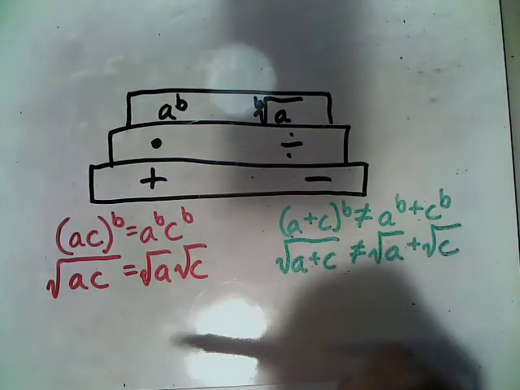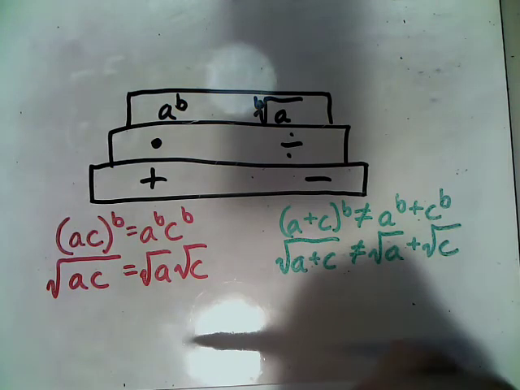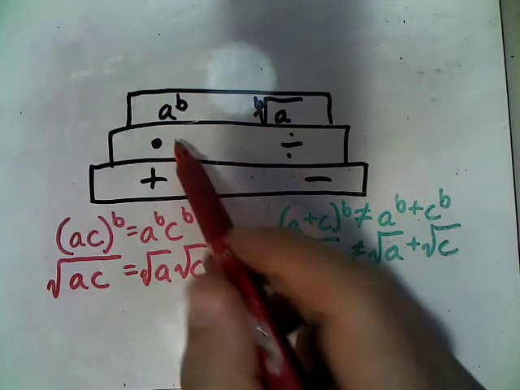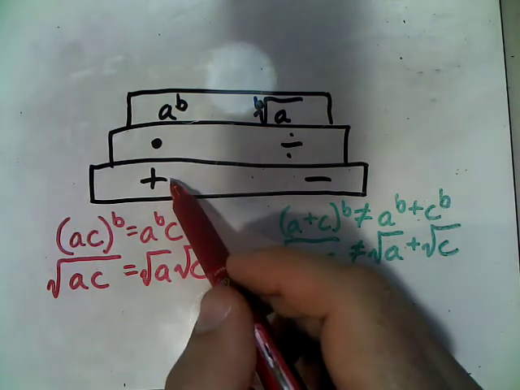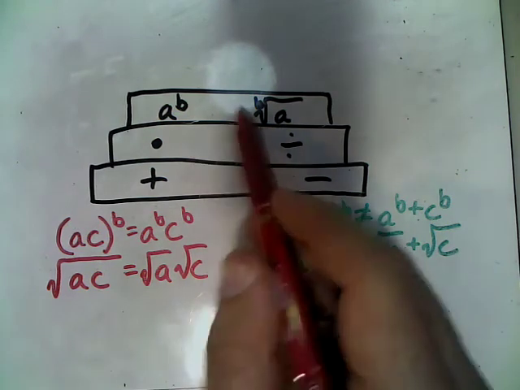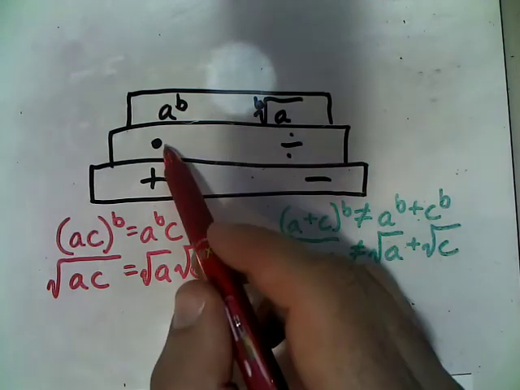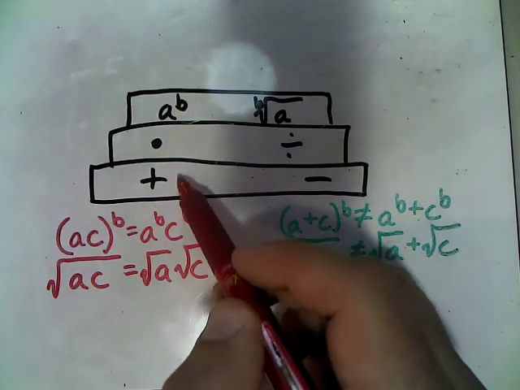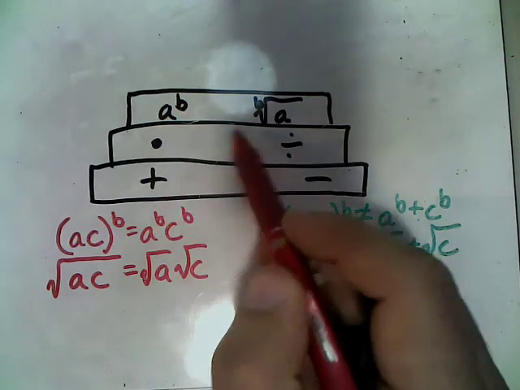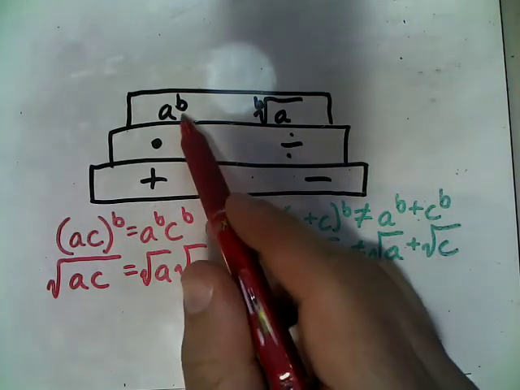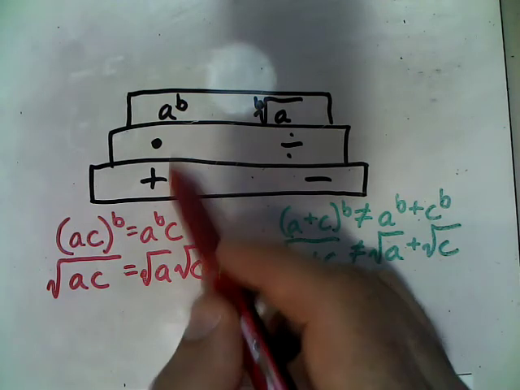But a word of caution here, and I want to bring this up. Again, these things work because these operations are within one step of each other on the pyramid. However, if you want to distribute an exponent down to addition, or you want to distribute a root over addition, these are two steps away.